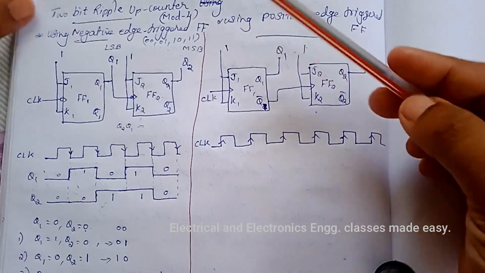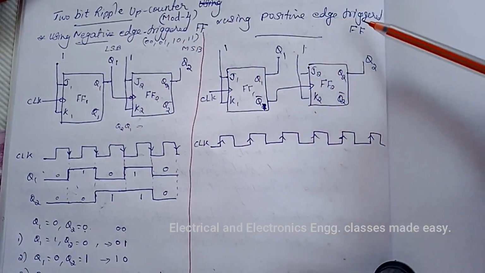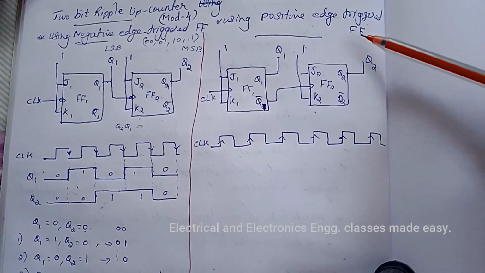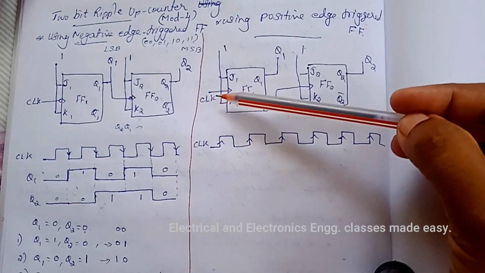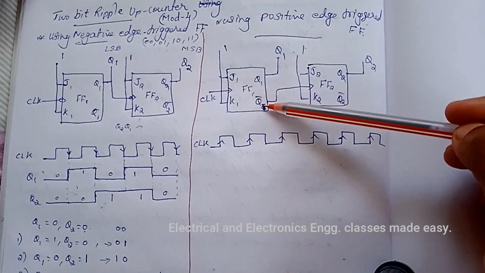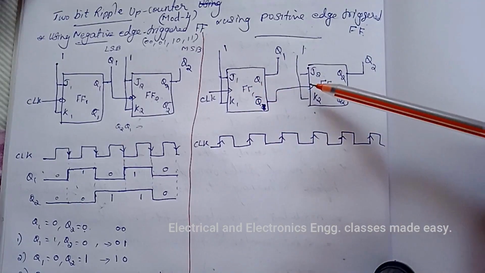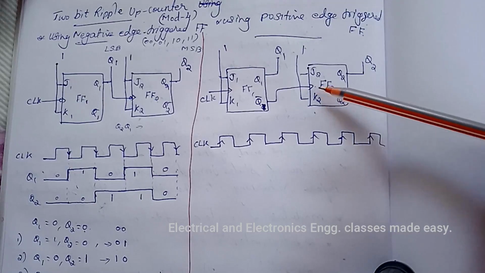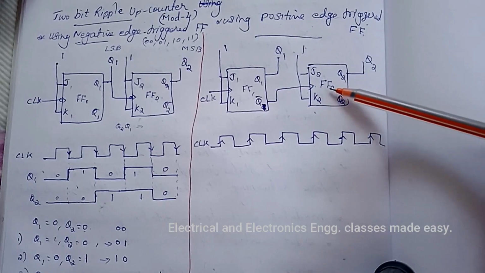Next is 2-bit ripple up counter using positive edge triggered flip-flop. So here this is a positive edge triggered flip-flop. Here the Q1 bar output of the first flip-flop is given to the clock input of the second flip-flop.